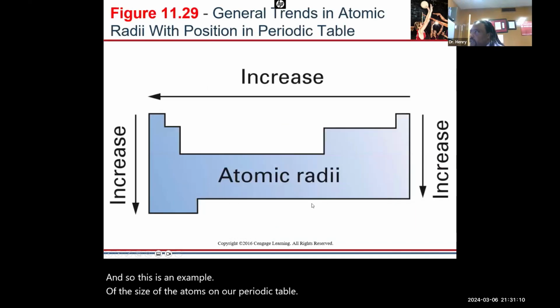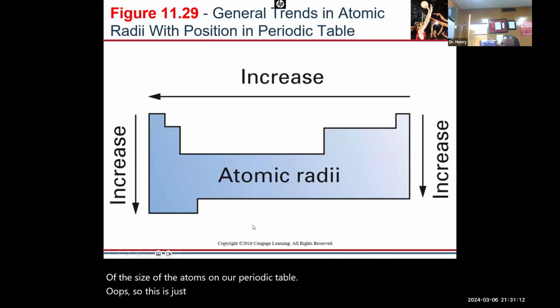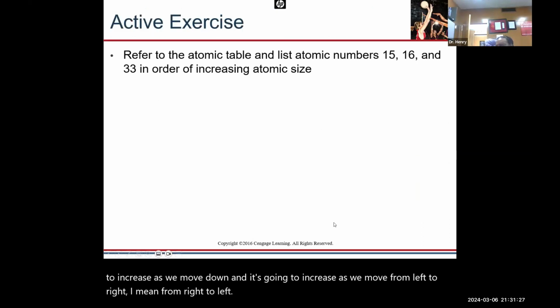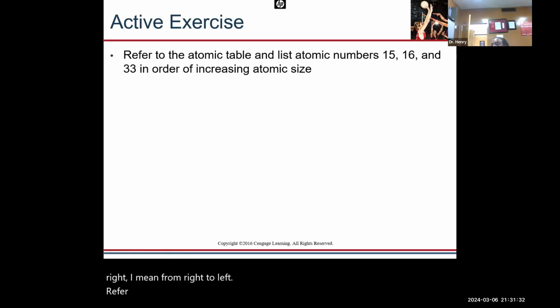This is basically showing us the same thing. This is again a size, so it's going to increase as we move down, and it's going to increase as we move from right to left. Refer to the periodic table and list atomic numbers 15, 16, and 33 in order of increasing atom size.